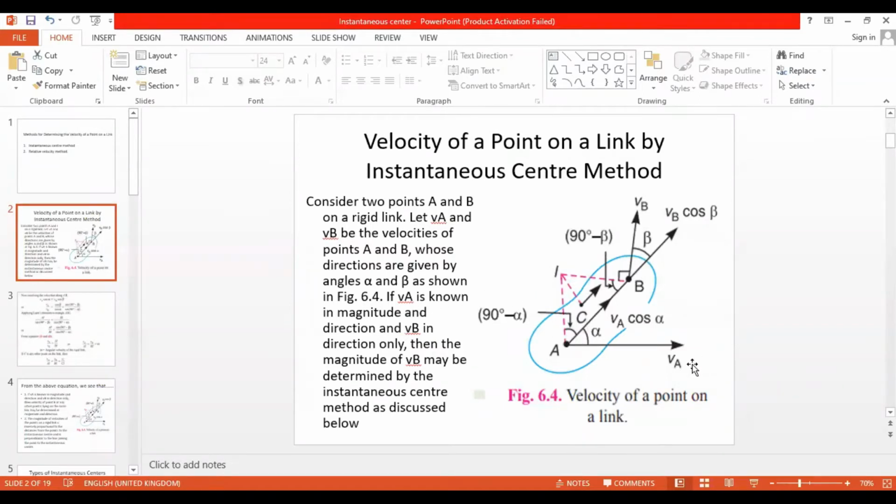If VA is known in magnitude and direction, and VB in direction only, so we don't know its magnitude, then the magnitude of VB may be determined by the instantaneous center method. If I know the magnitude and direction of one velocity, I can determine the other velocity by this method.